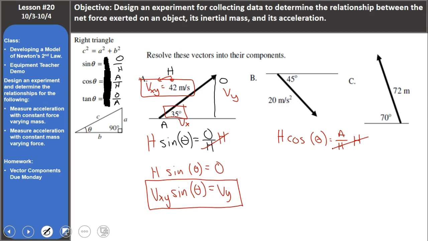So now we have this equation: H cosine of the angle is equal to the adjacent. Which one of the velocities corresponds to H? dxy. So dxy cosine of the angle is equal to what? Adjacent corresponds to dx.